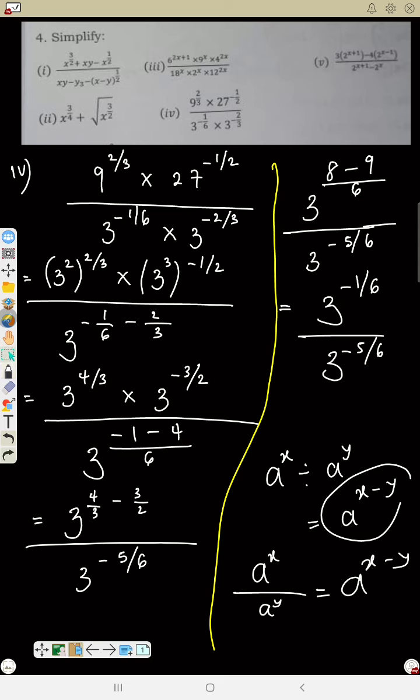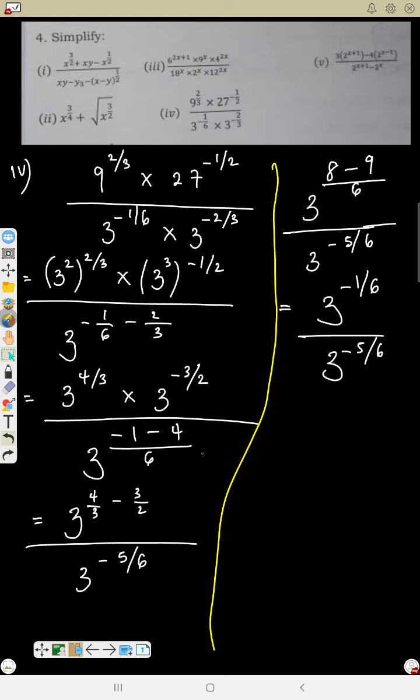So anytime I have divide, it will change to minus. So this becomes 3 raised to power minus 1 over 6 minus 5 over 6. So this is the same thing as 3 raised to power minus 1 over 6 plus 5 over 6, because minus times minus is plus.